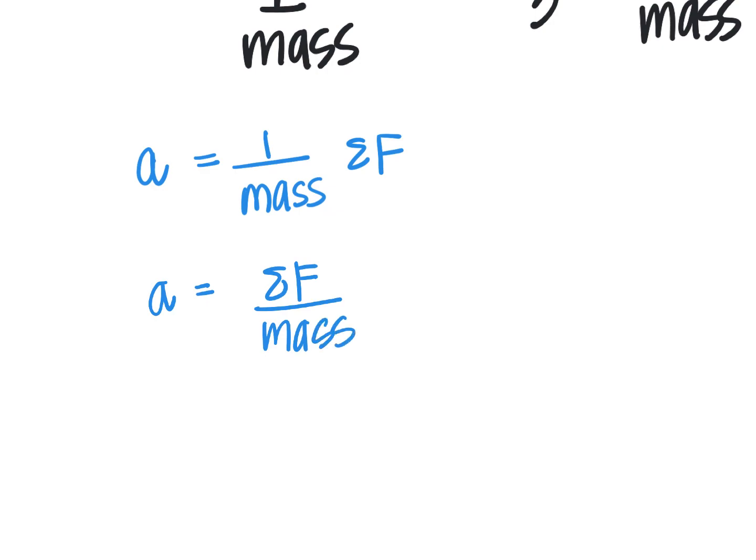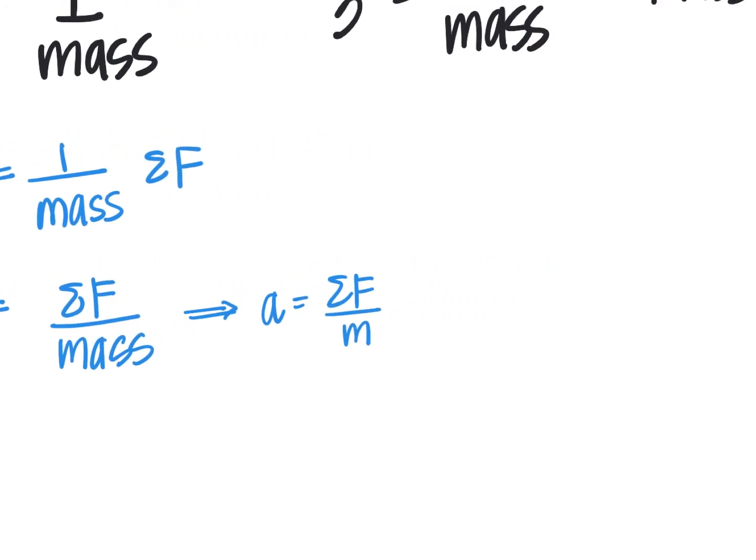We could also write that as being the acceleration is equal to the net force divided by m representing mass, which would then give us that the net force is equal to ma. And this is known as Newton's second law.